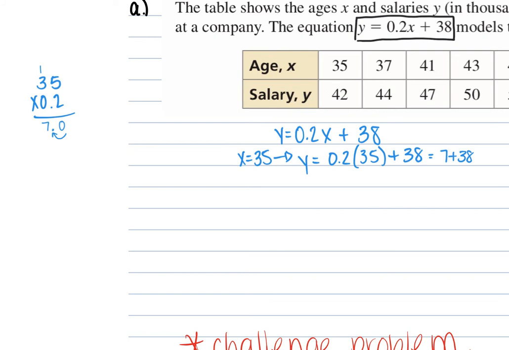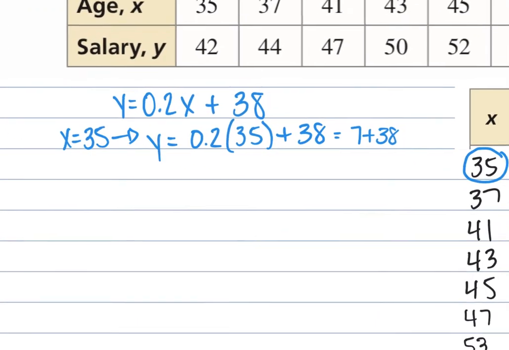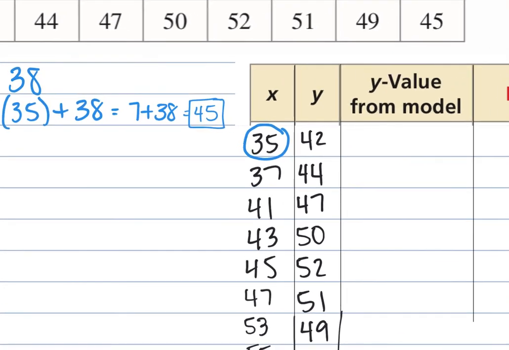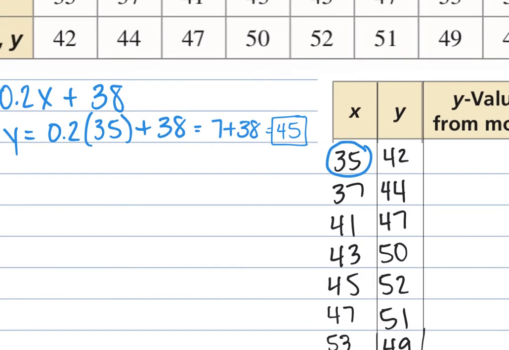How do you even get a smaller number when it's multiplication? Because it's a number between 0 and 1. Okay? So we get 7 plus 38, which is 45. So my y value when x was 35 is 45. So my y value from the model is 45.